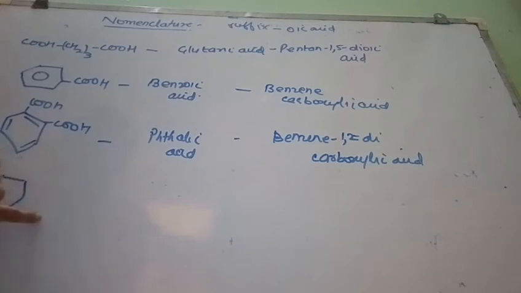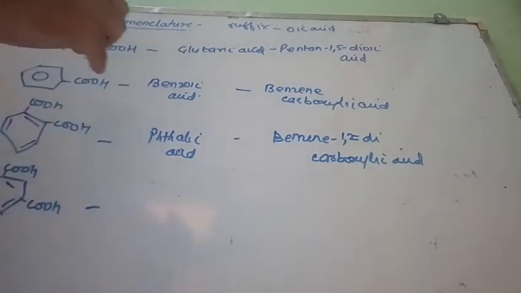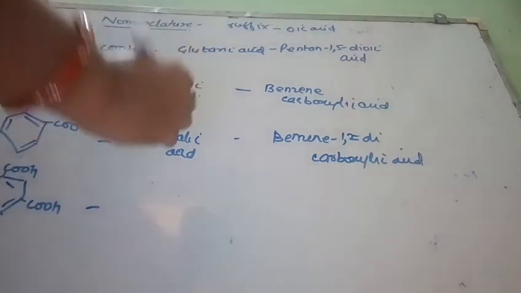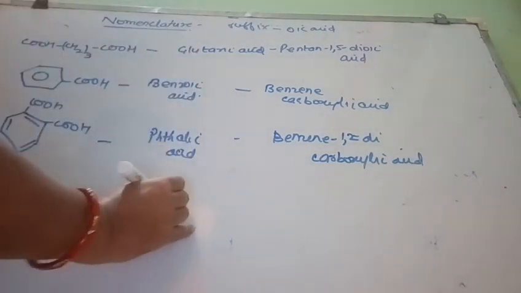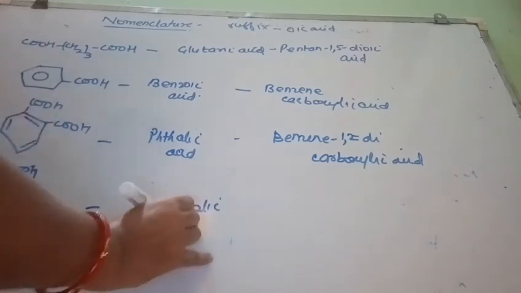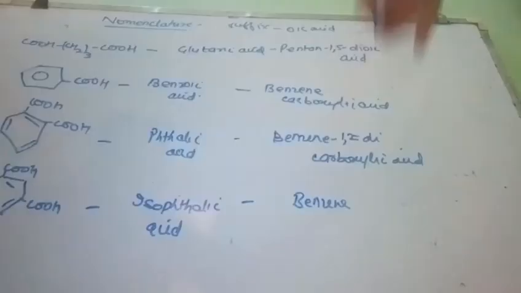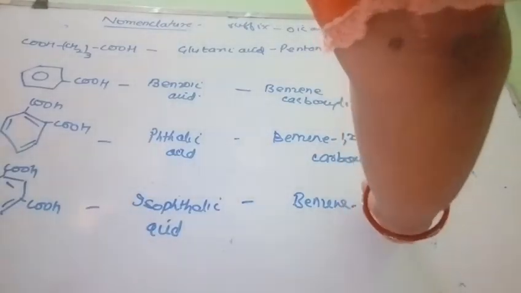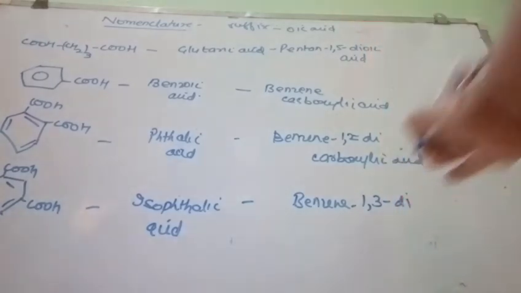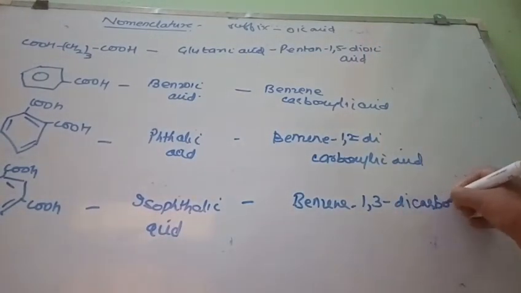If it is present at the meta position, it is known as isophthalic acid, or benzene 1,3-dicarboxylic acid.